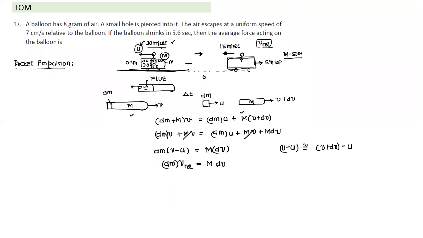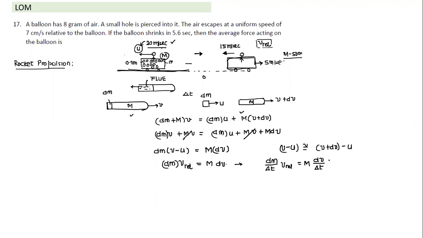This expression I can understand in one more way. If I divide both sides by delta t, this can be written as delta m by delta t into v relative is equal to m into dv by delta t.